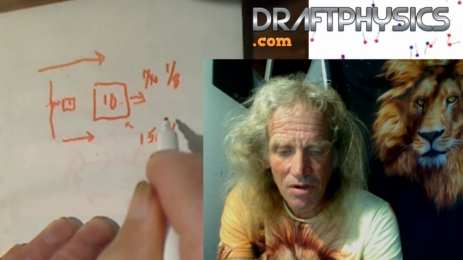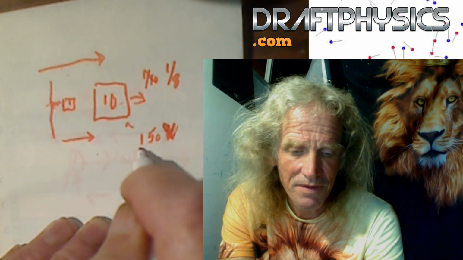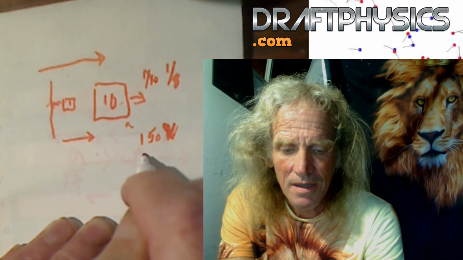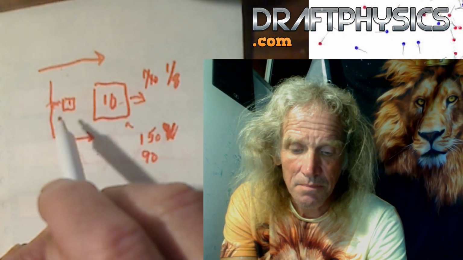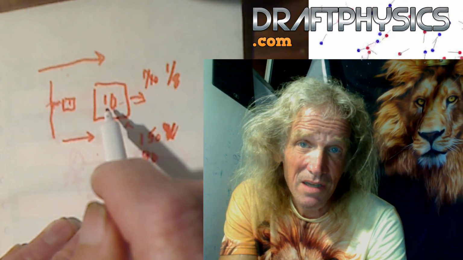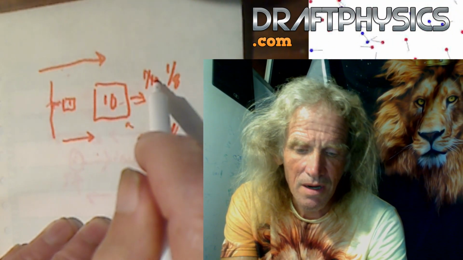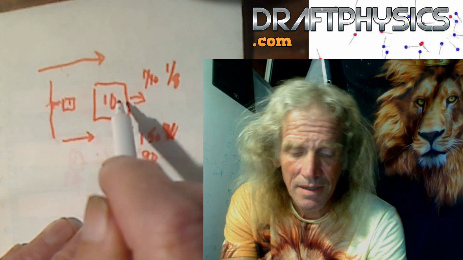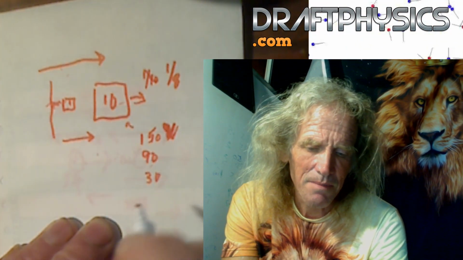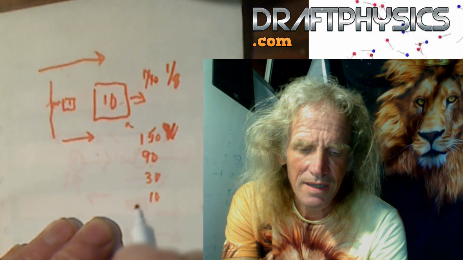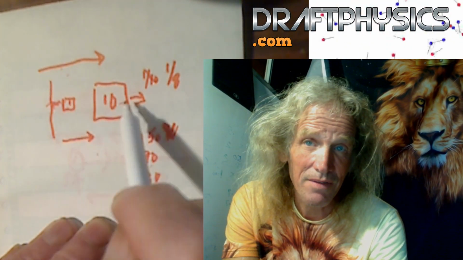So if we just called it a momentum number, we just said it was 150 the first time, it might only be 90 the second time it hits. And then it will probably have plenty of time, because this is going so much slower, that it can do a third hit, and that one might only give 30%, and the next hit might only give 10. So you could get 4 hits out of it anyway.